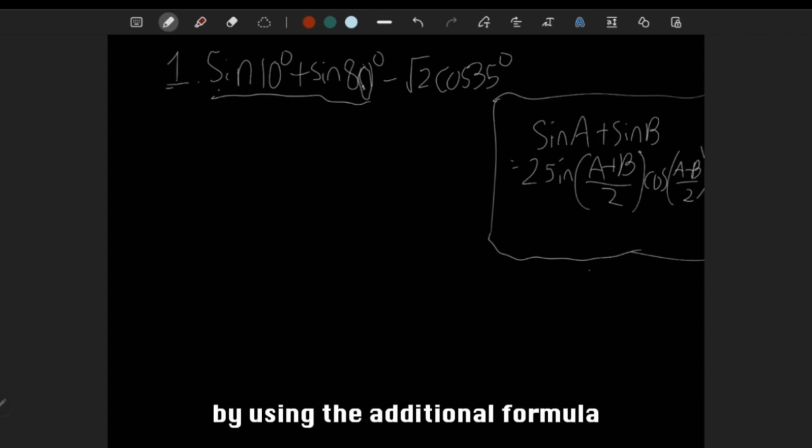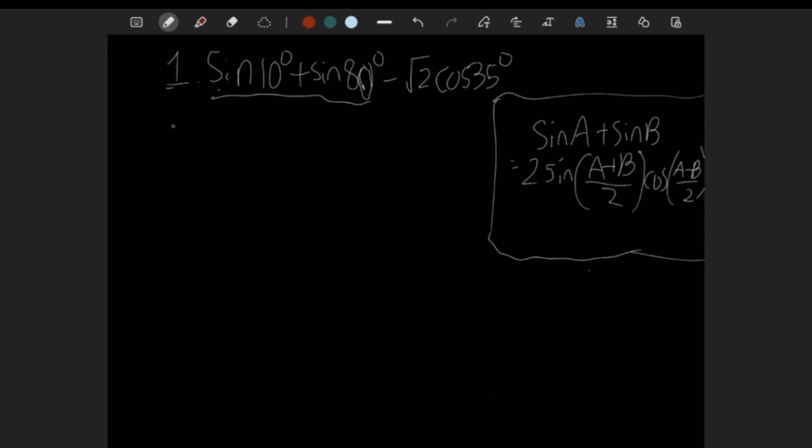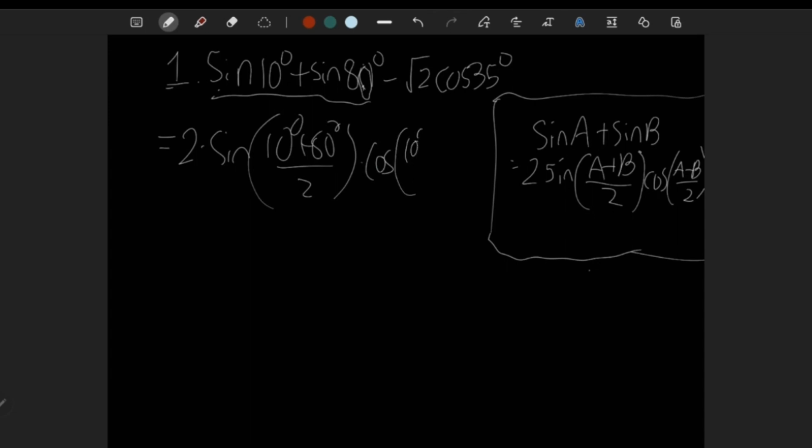By using the addition formula for sine, we can get this by substituting a with 10 degrees and b with 80 degrees. 2 sine (10 degrees plus 80 degrees) divided by 2 times cos (10 degrees minus 80 degrees) divided by 2, minus root 2 cos 35 degrees.